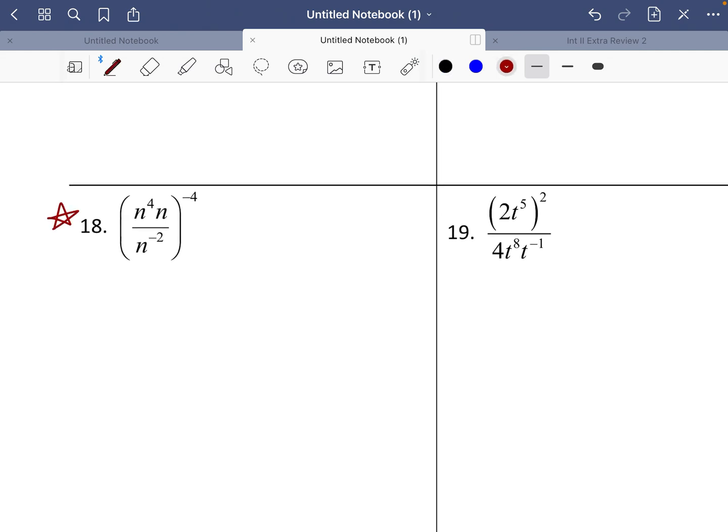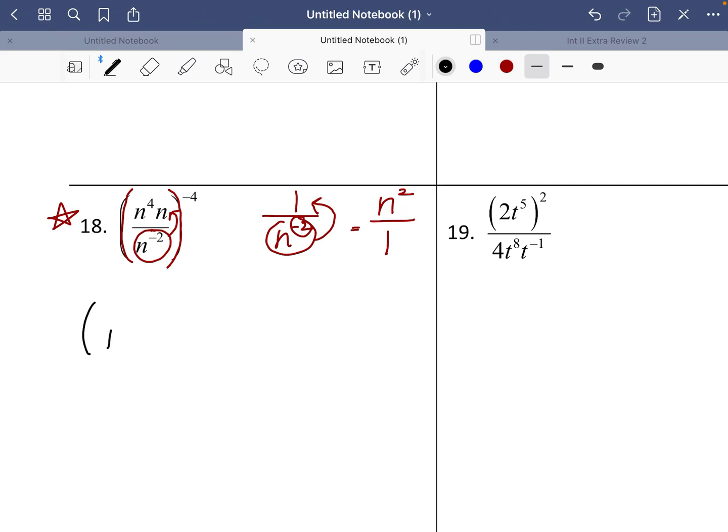In 18, I'm going to start inside the parenthesis first. If you look inside the parenthesis, we got n to the power of negative 2 in the denominator. So I'm going to move that up to the numerator, because if you have a negative exponent, you are allowed to move it around to the other side. So it's going to move to the top, but then what's going to happen is that the negative turns into a positive.